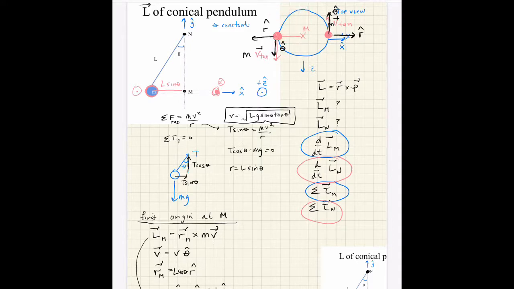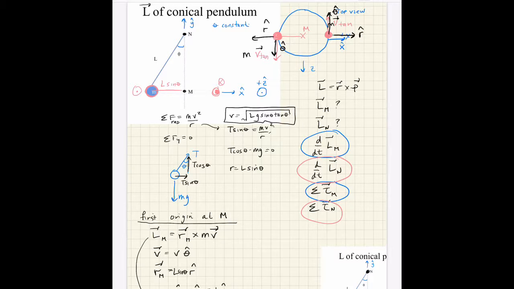And so I know that I can write this as L sine theta times v times r hat crossed with theta hat. And so eventually I'm going to find this to be VL sine theta in the y hat. So let me just prove to you that r hat crossed with theta hat is in the y hat direction.